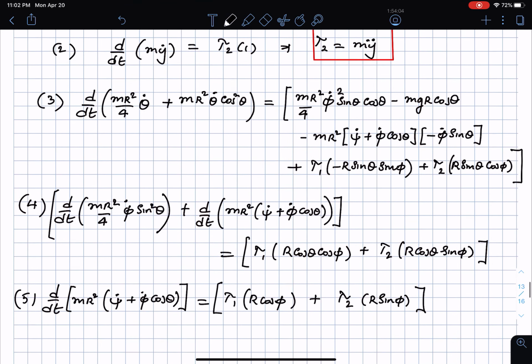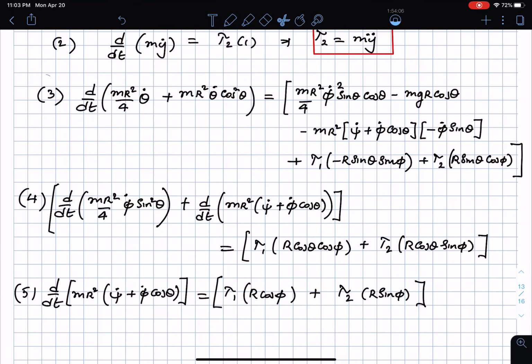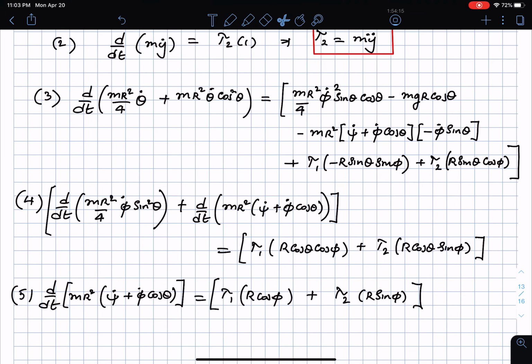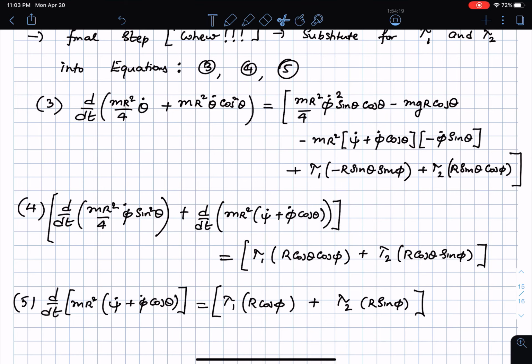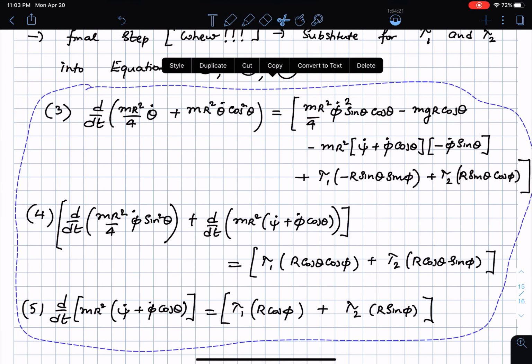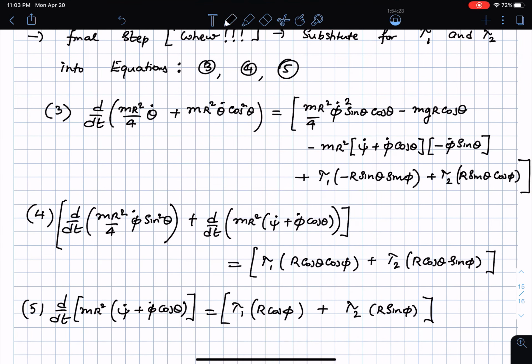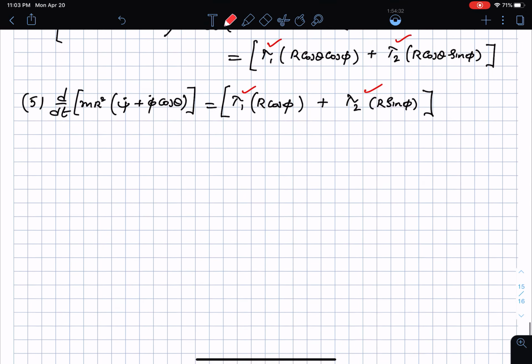I'm hoping I can get these all together in one single shot. I think I should be able to. Copy that, and then I'm going to bring that down here. So these are equations 3, 4, and 5, where we're going to be substituting for lambda 1 and lambda 2, and I'm going to make use of some simplifications.